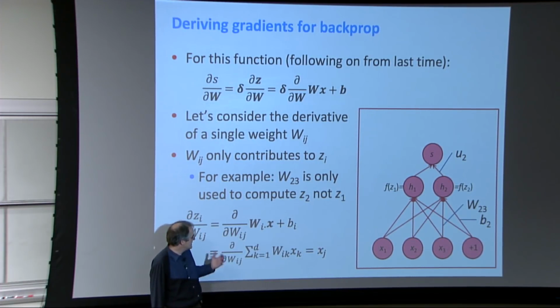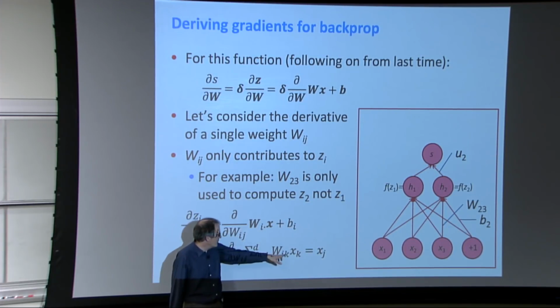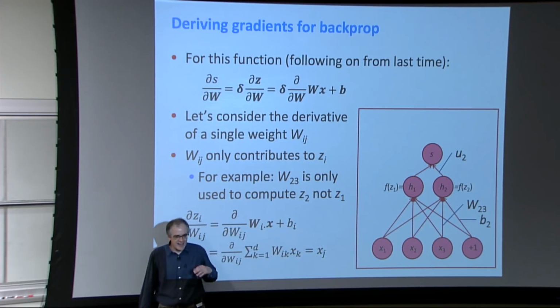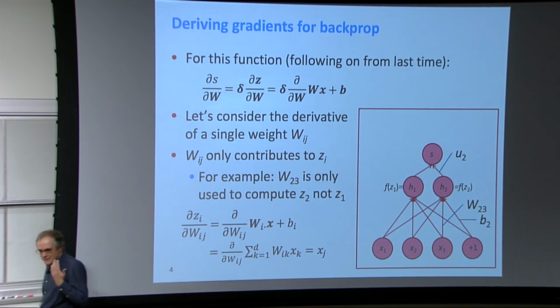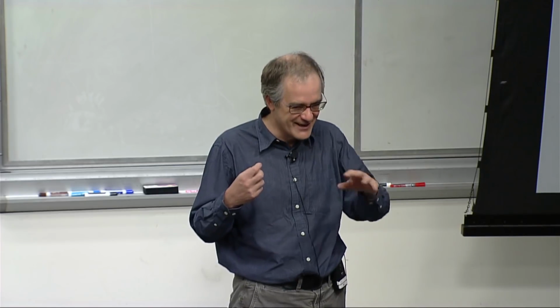So the only position in which Wij is used is multiplying by xj, and at that point it's basic one-variable differentiation.